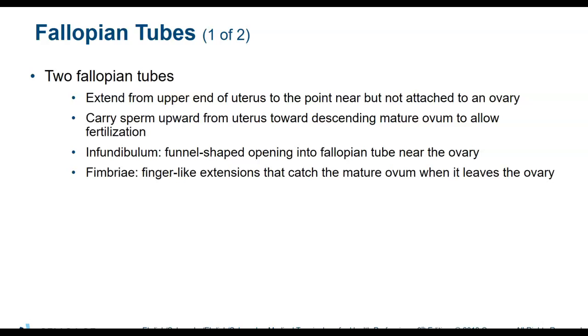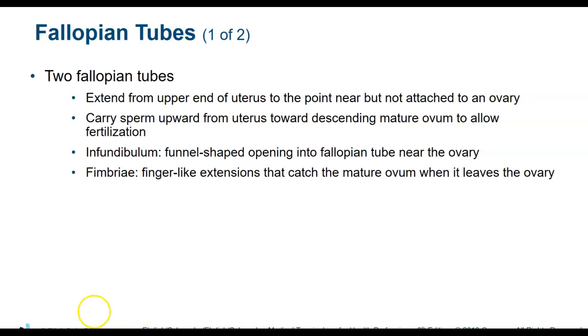Again, we'll see a picture of it here in just a minute. Those fallopian tubes is where fertilization takes place. The infundibulum is the funnel-shaped opening of the fallopian tube near the ovary. And the fimbriae are like fingers that extend to catch the mature ovum when it leaves the ovary.